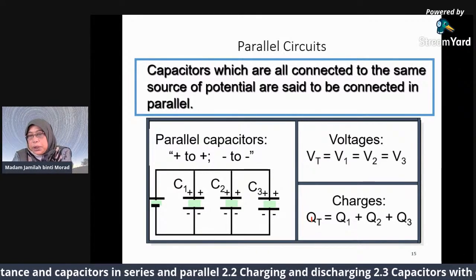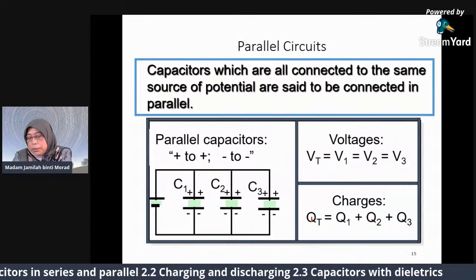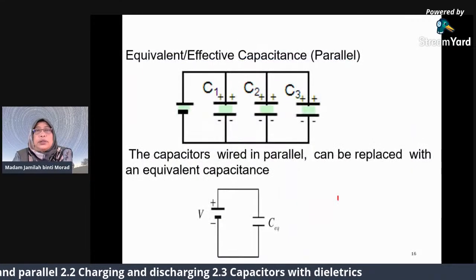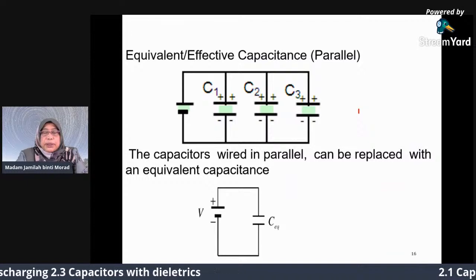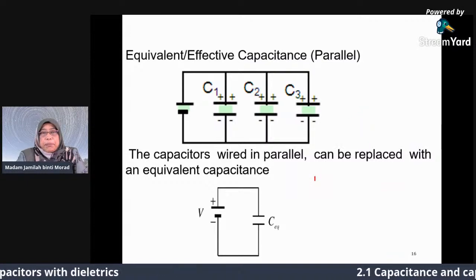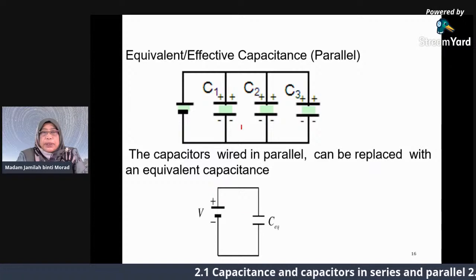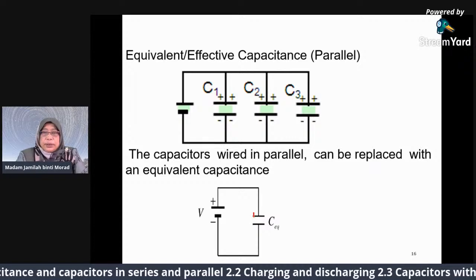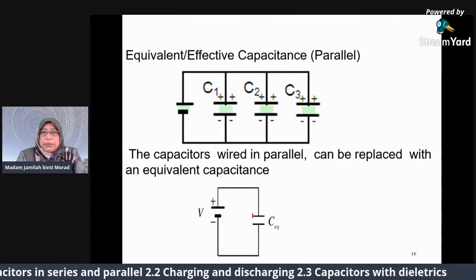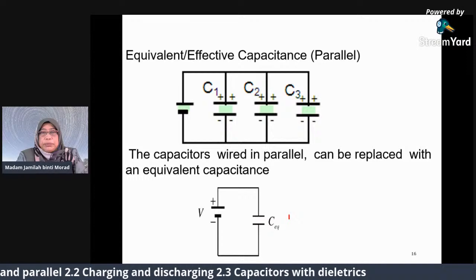So Q equals Q1 plus Q2 plus Q3. To determine the equivalent or effective capacitance in a parallel circuit, we replace the three capacitors here with one equivalent capacitor.